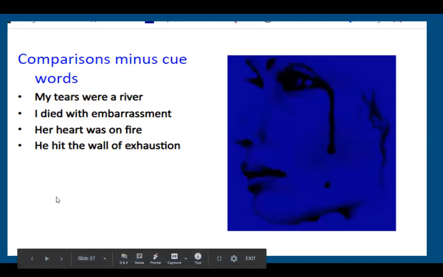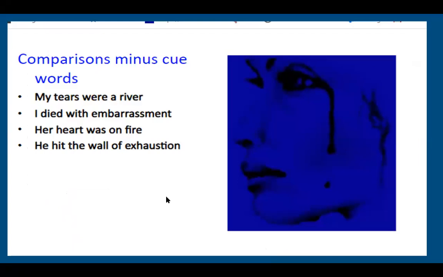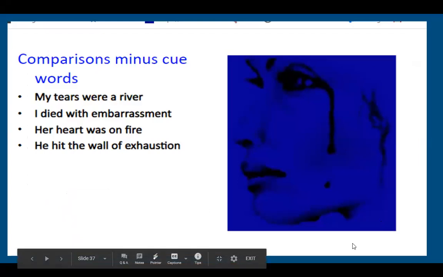Okay, it's time now for comparing words. My tears were a river. Is it a simile or a metaphor? Anyone out there, can you tell me? Is it a simile or a metaphor?